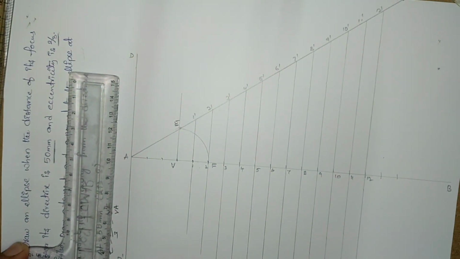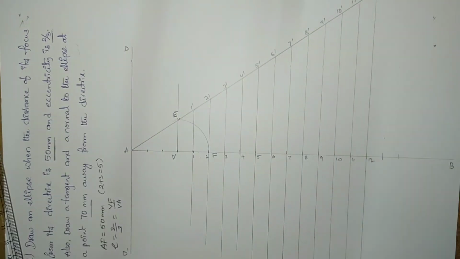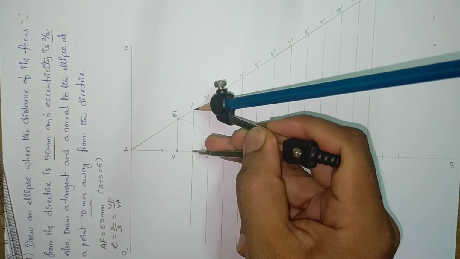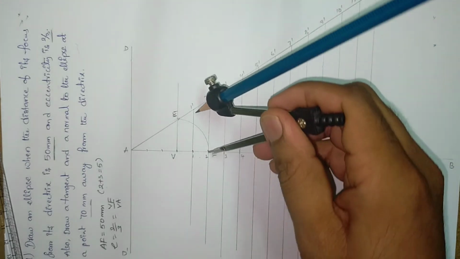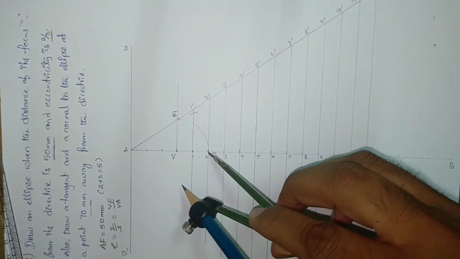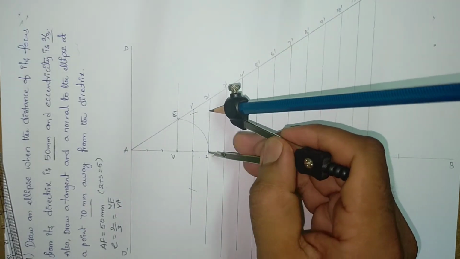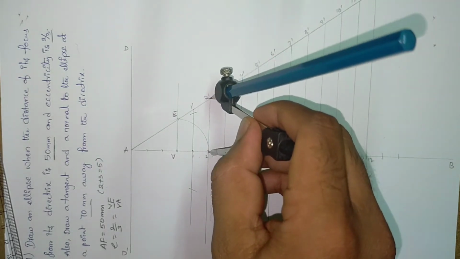Now take the distance 1 dash as radius and F as center, and cut the 1 dash line. Then 2 dash as radius, F as center. Here we get the same point, 2 dash.